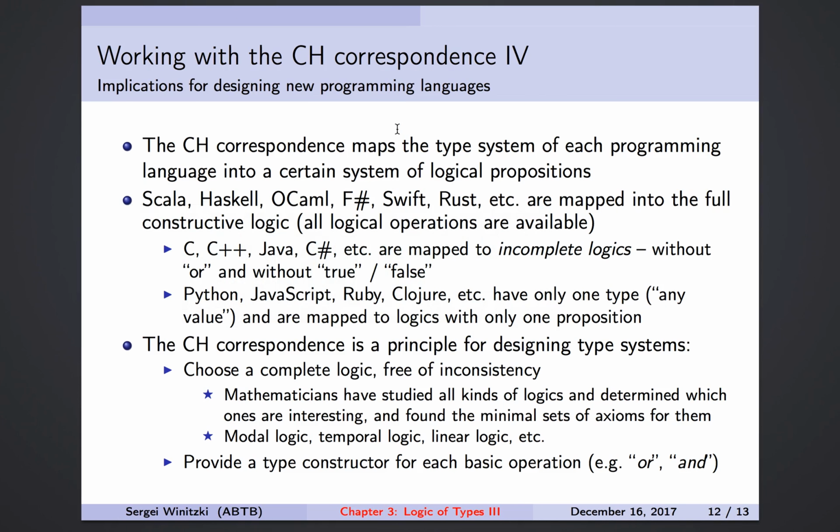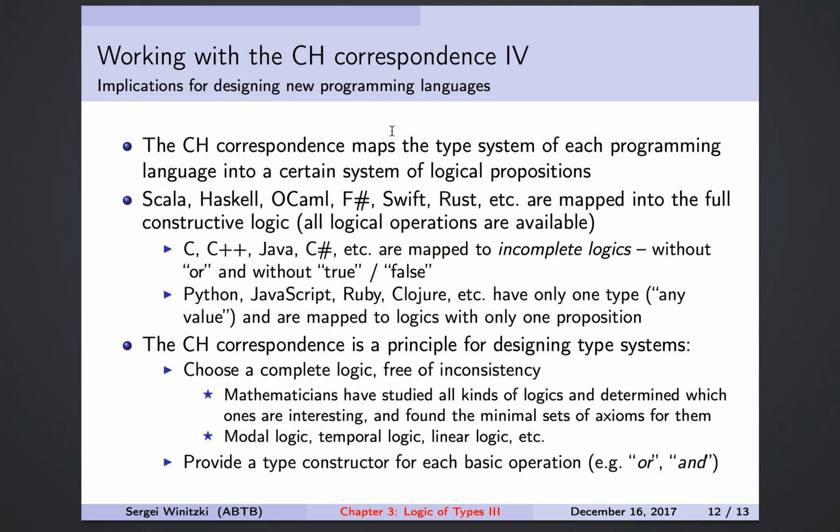So let me conclude with a discussion of the implications of Curry-Howard correspondence for programming languages. It is not just for programming code, but also for design of programming languages. It's a much more important consequence of discovering the Curry-Howard correspondence.